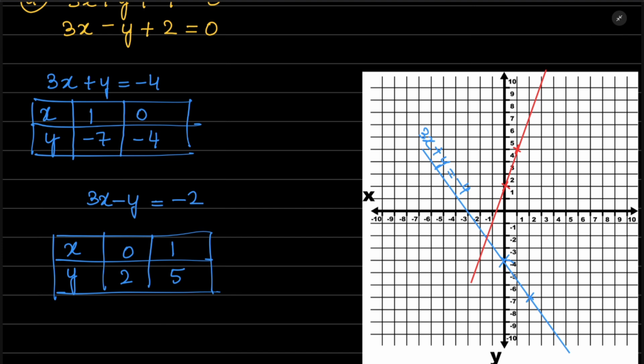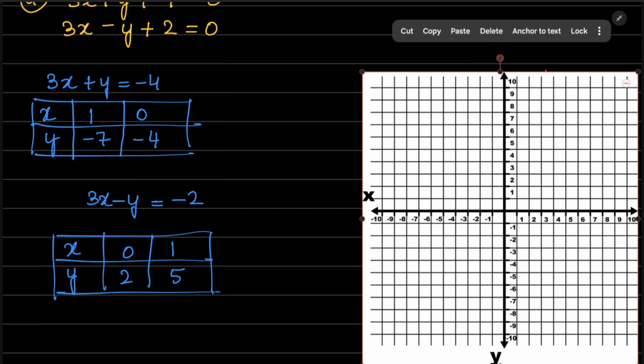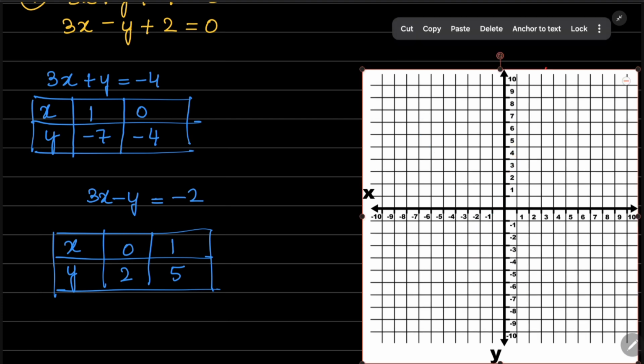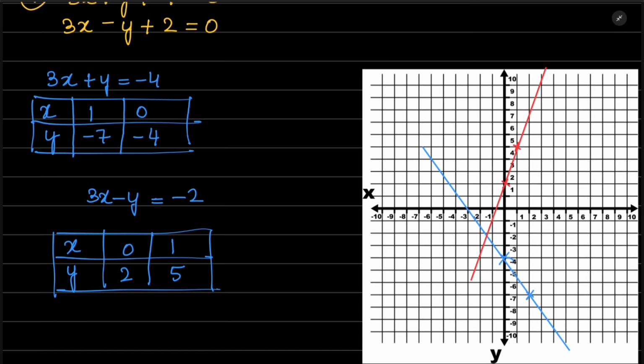Now where do they intersect? I think I should redraw this line, because the points are not accurate. The second one is correct, but the first one, let us go ahead and redraw it.